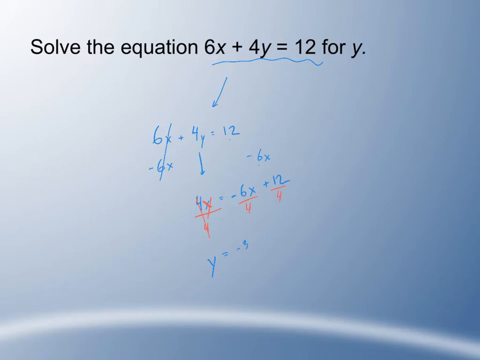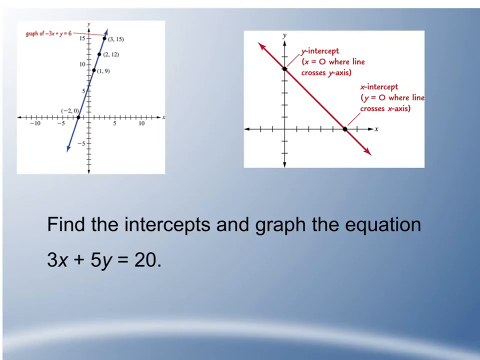Divide the numerator and the denominator by 2, and you have negative 3 halves x plus 12 divided by 4 is 3. So we have y equals negative 3 halves x plus 3. So that's one skill you have to have, being able to solve an equation given in any form for a specific variable. Okay, let's start out on this next slide.